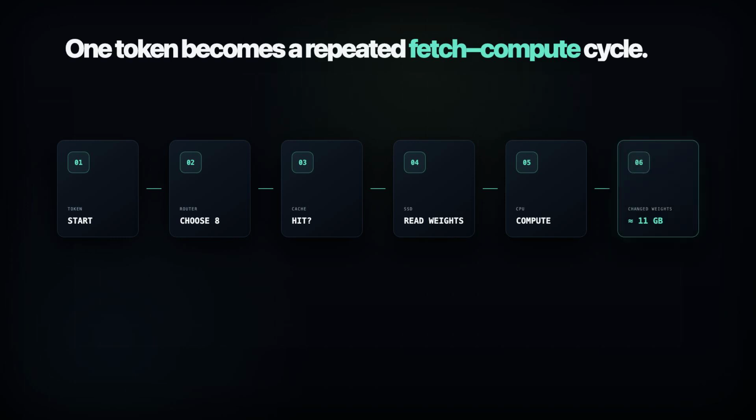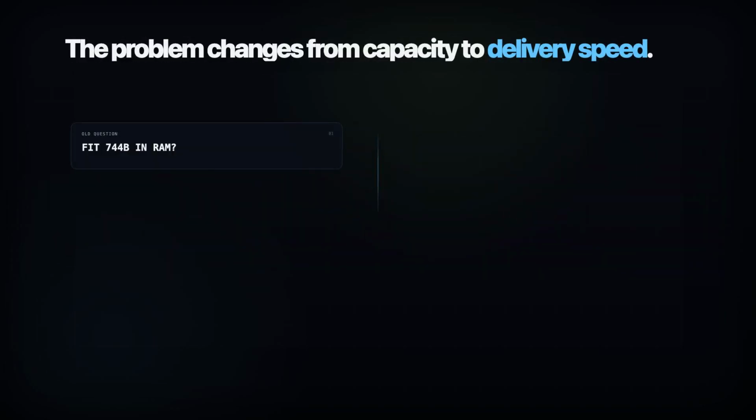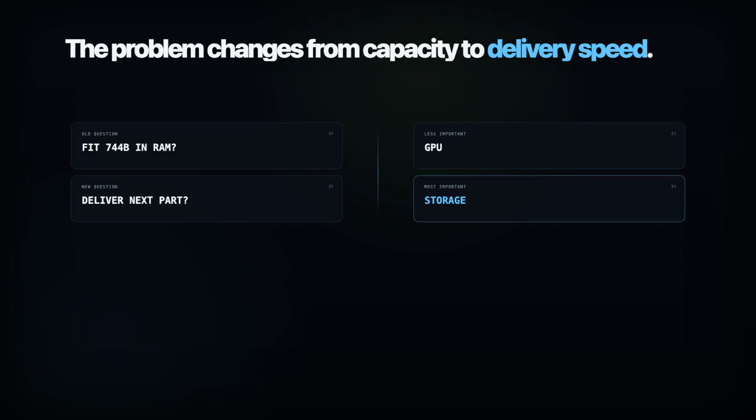According to Colibrì's measurements, roughly 11 gigabytes of routed expert weights change from one token to the next. So instead of asking, how do I put a 744 billion parameter model into RAM? The system asks, how quickly can I deliver the small part of this model that the next token actually needs? And suddenly, the most important component in the computer is not the GPU. It is the storage system.